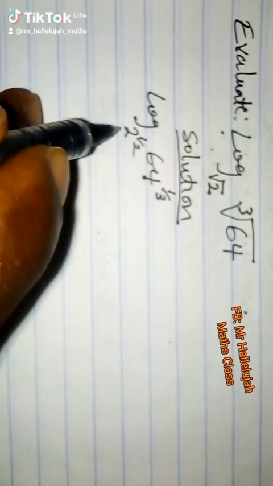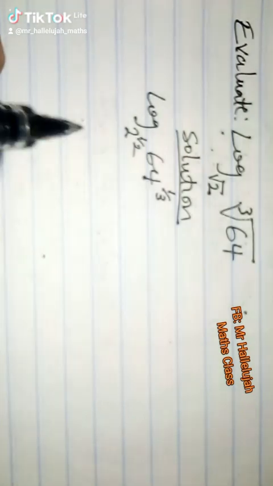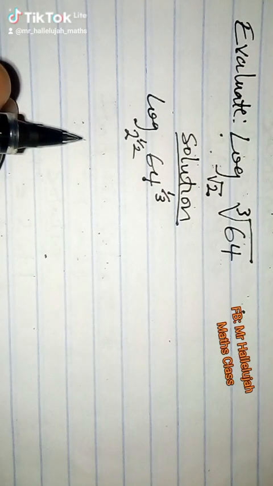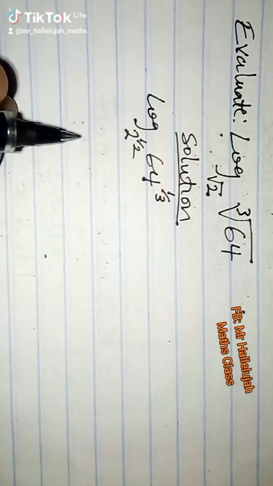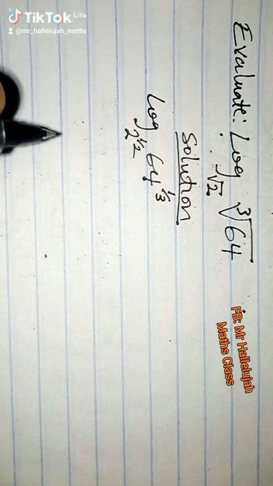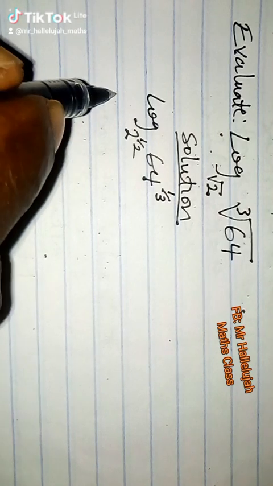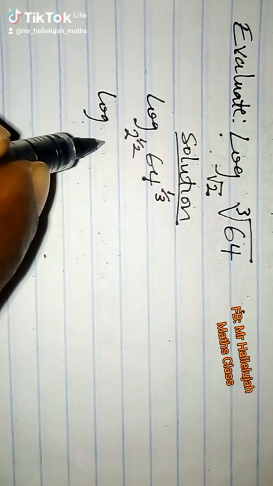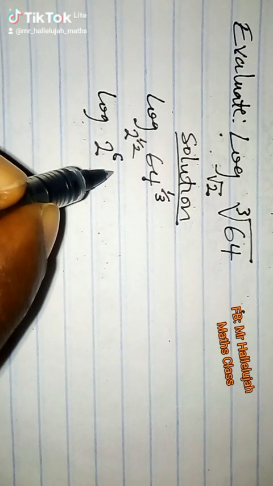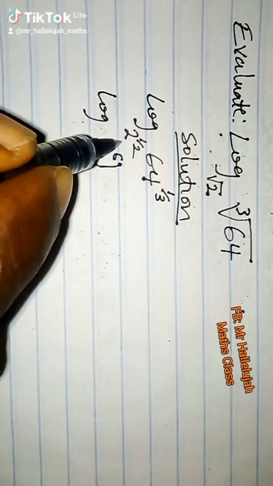Now we can write 64 in index form. 64 is 2 times 2 is 4, times 2 is 8, times 2 is 16, and times 2 is 32, and times 2 is 64, meaning that 2 raised to the power of 6. So we can simply rewrite it as 2 raised to the power of 6 multiplied by 1 over 3.